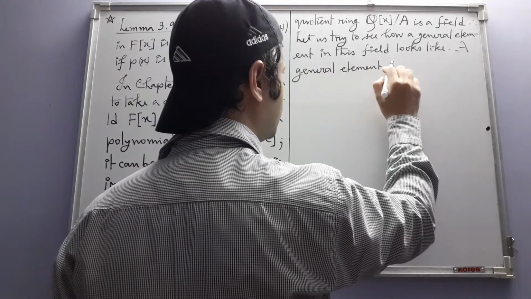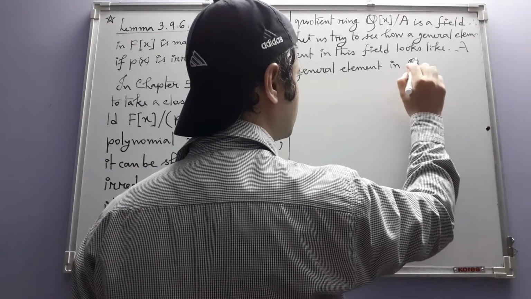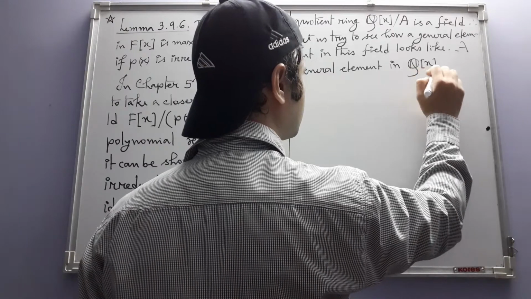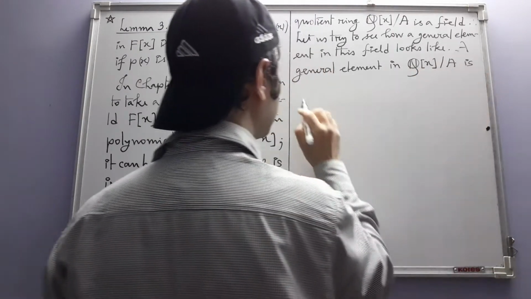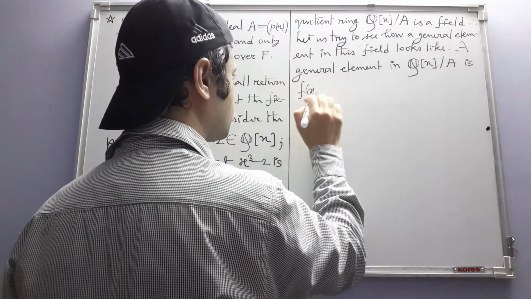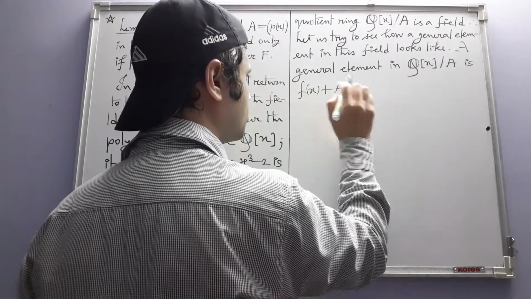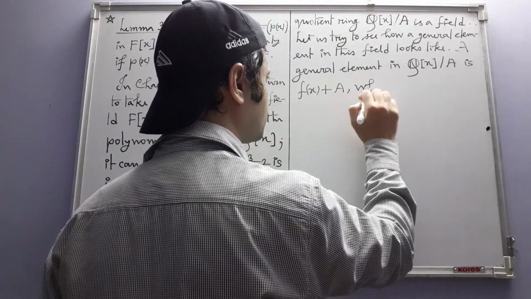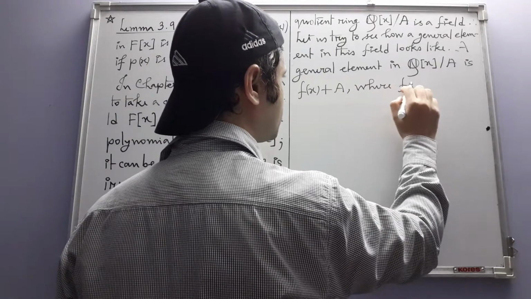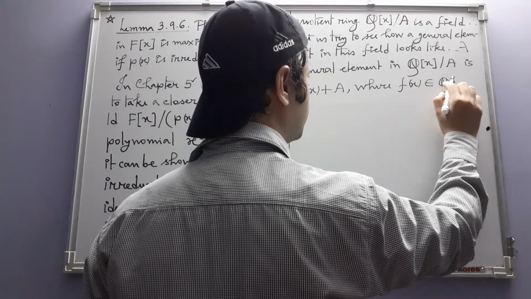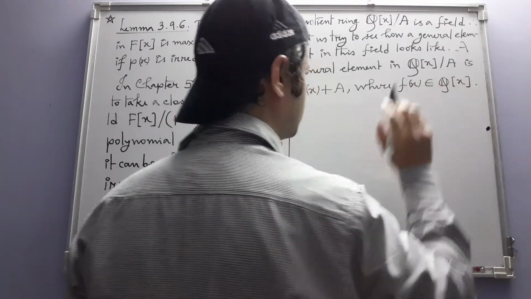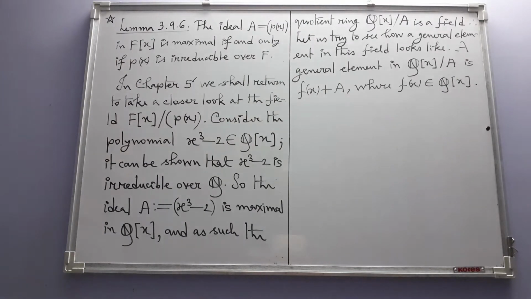A general element in this quotient ring is fx plus A, where fx is some polynomial with rational coefficients.